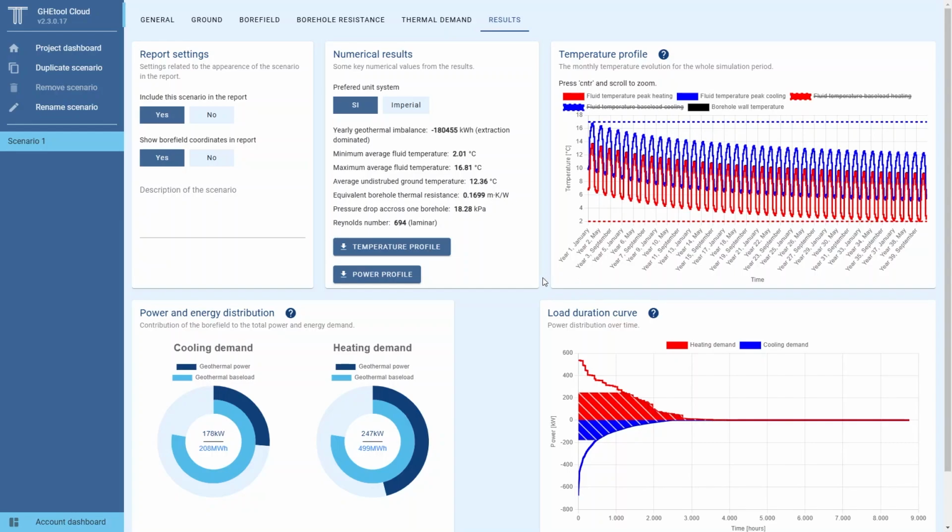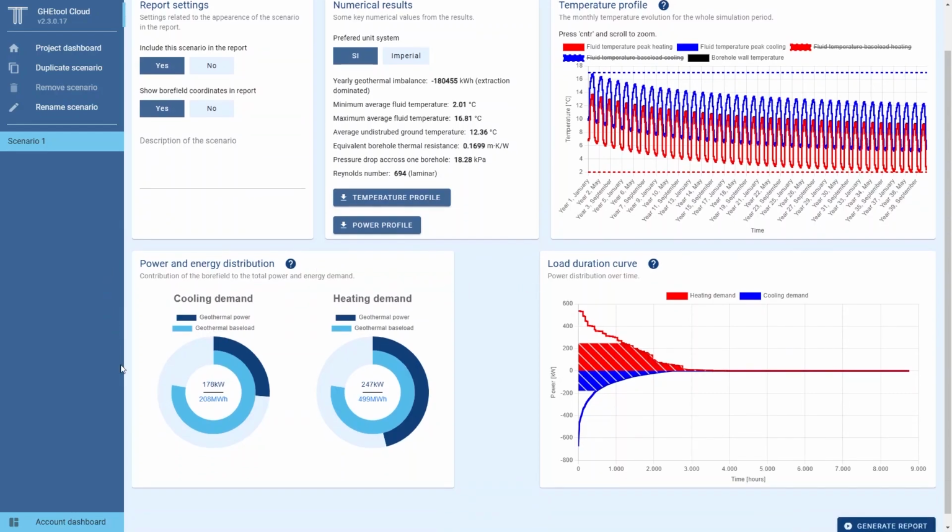What can we also see? When we look at our power and energy distribution, around 3/4 of our total energy demand can be fulfilled with this geothermal system. So for our cooling, 26% of our total power demand can be delivered by the borefield, which is around 180 kilowatts.